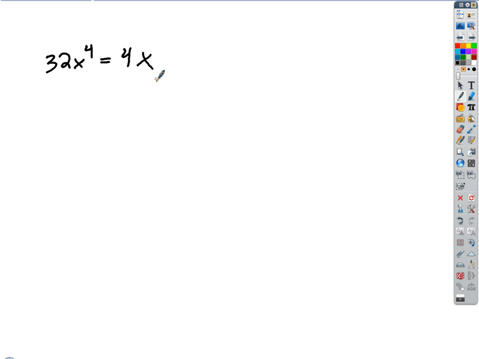Okay, if we're going to solve a polynomial equation, what's probably the first thing we've got to do? Okay, we've got to get it into standard form. We've got to get it equal to 0, right? So I can subtract 4x, and we get 32x to the 4th minus 4x equals 0. Now what?